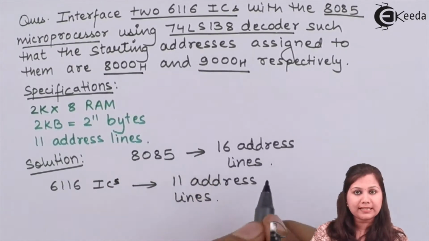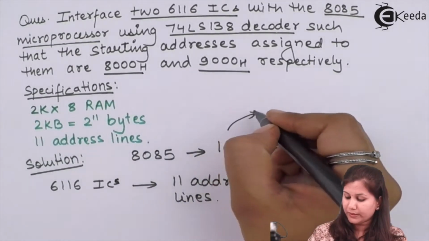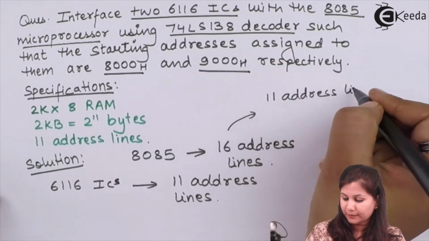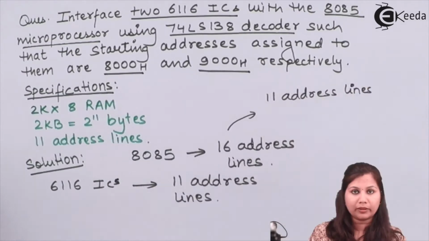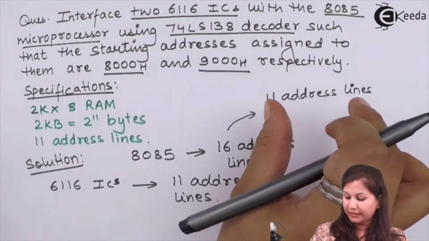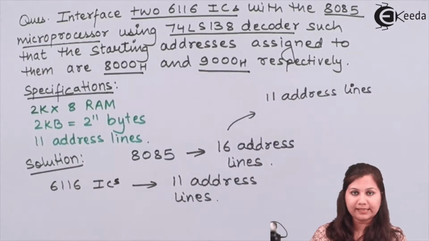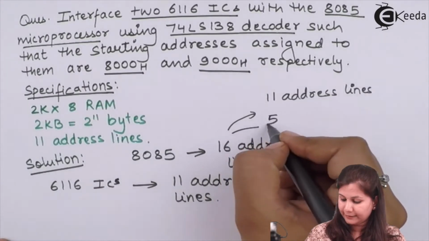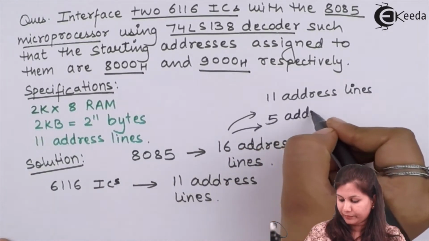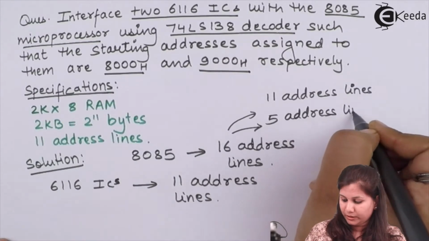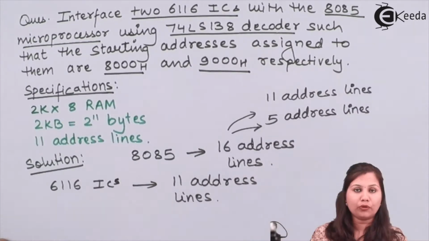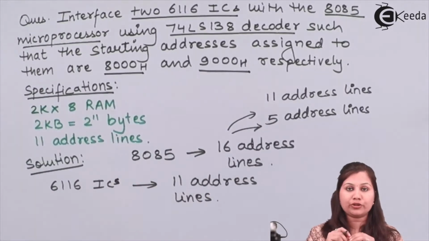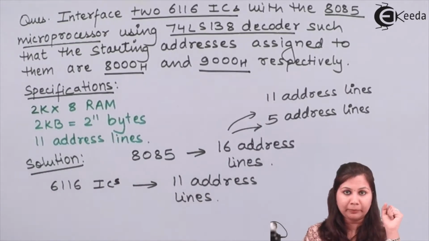So out of these 16 address lines, we are going to use 11 address lines for addressing the two memory chips. 11 address lines will be connected to each of these 6116 ICs, and the remaining 5 address lines will be used to form the chip select signal, because we have two ICs, so there should be some mechanism to select the memory chip.